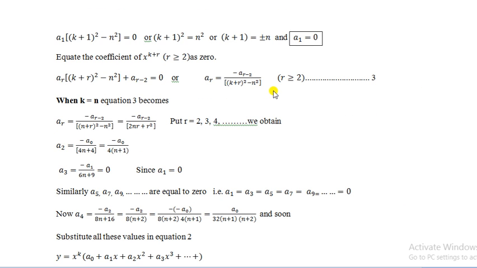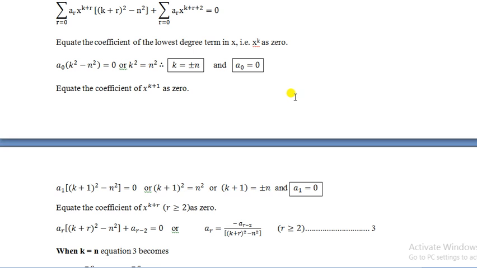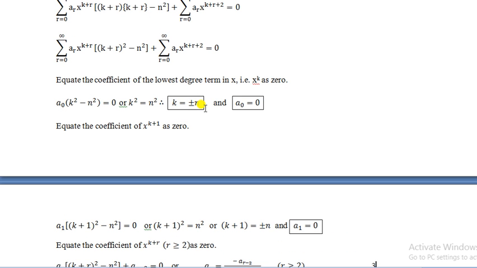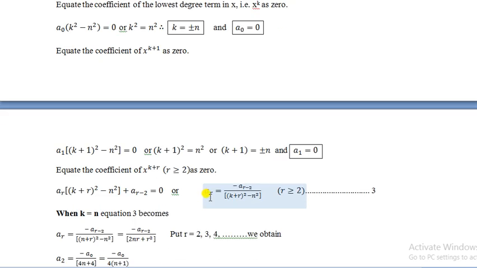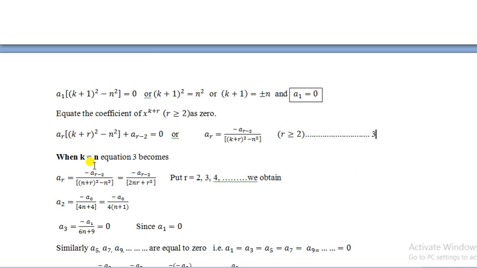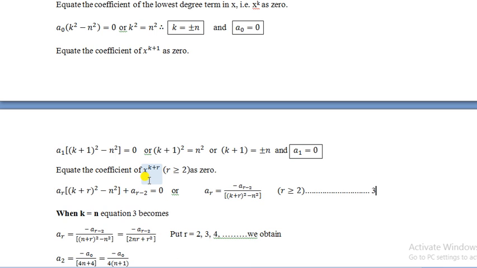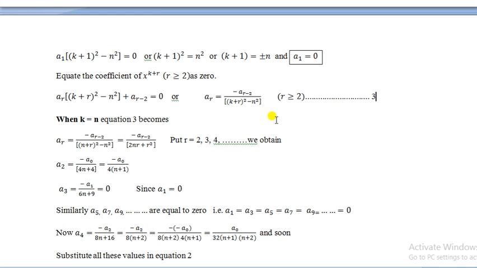So you know that k has two values, plus n and minus n. First we use k equal to plus n, and later we'll use k equal to minus n. So when k is equal to n, put k equal to n in equation number 3. Equation 3 becomes, replacing k by n, (n plus r) square minus n square times ar equal to minus ar minus 2.